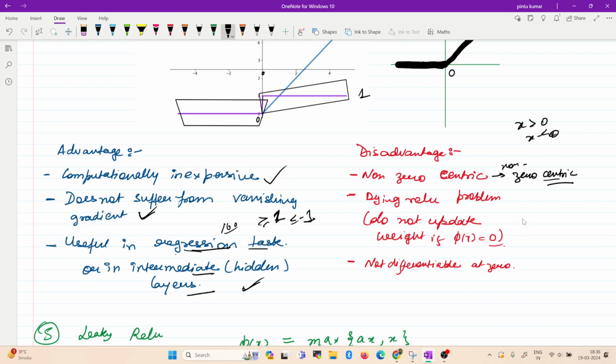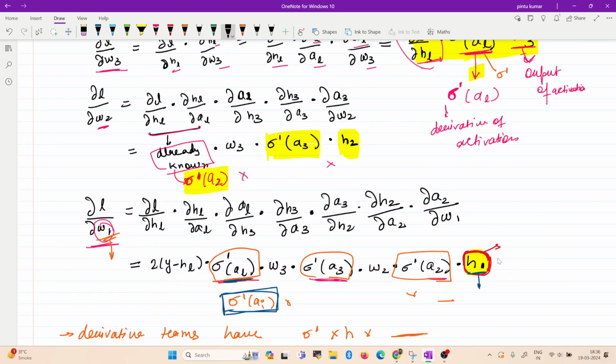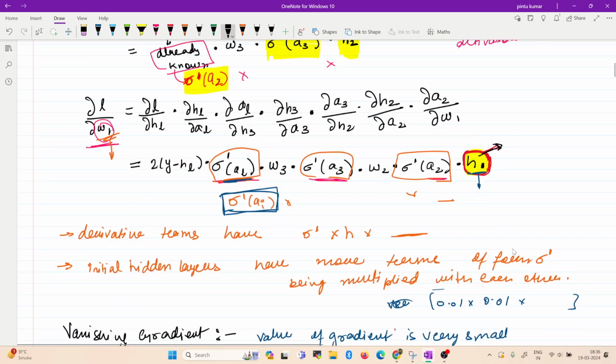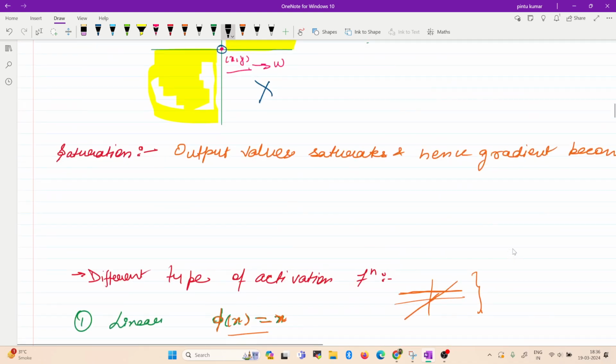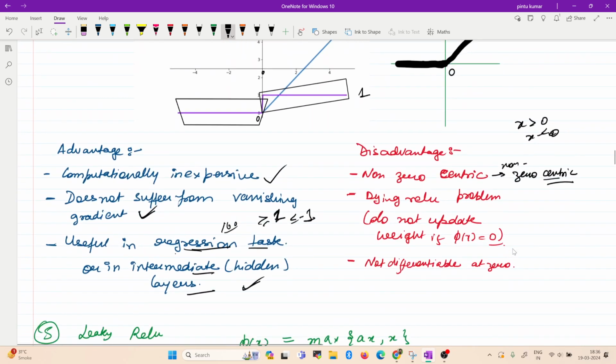So as I mentioned, your gradient is multiplied by the output of your activation function, right? So if the values that you are feeding to your activation function is negative, then your ReLU function always outputs 0. So that makes your gradient 0.